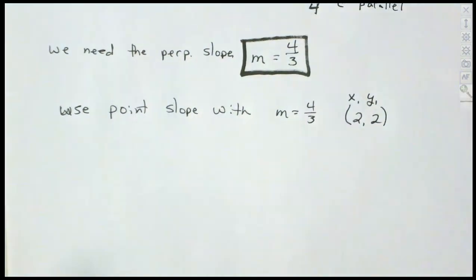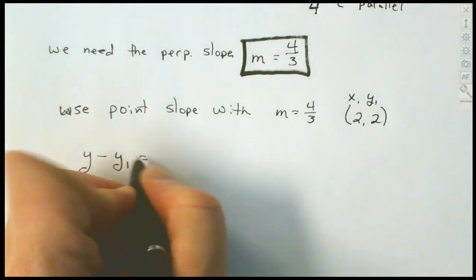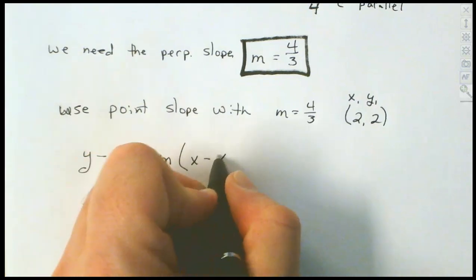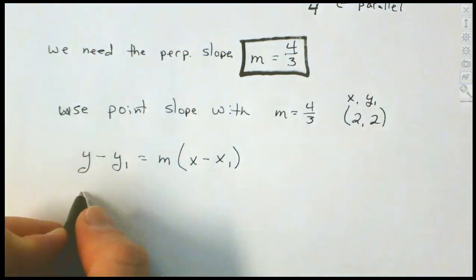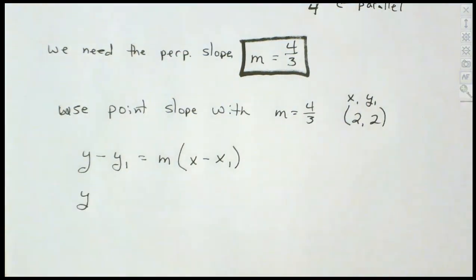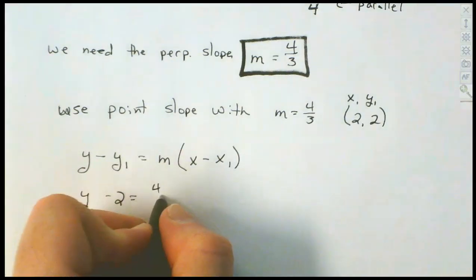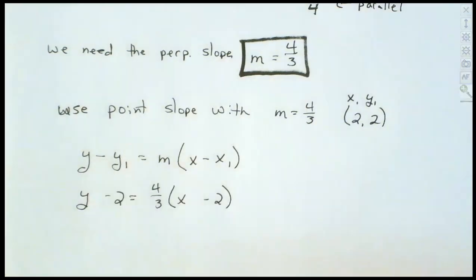And what's our point slope formula look like? Well, it looks like y minus y1 equals m times x minus x1. And fill our information in. So that's going to be y minus 2 equals 4/3 times x minus 2. I'll slow down a bit so we can see what we're doing.